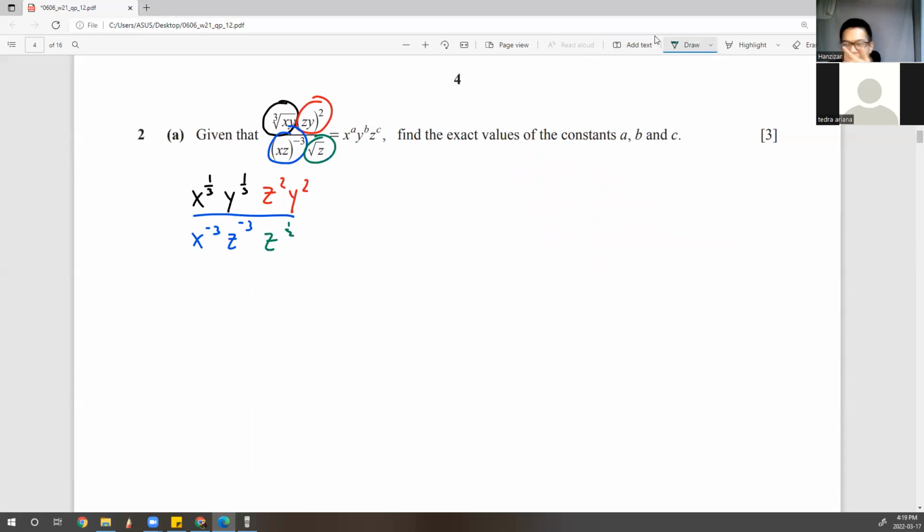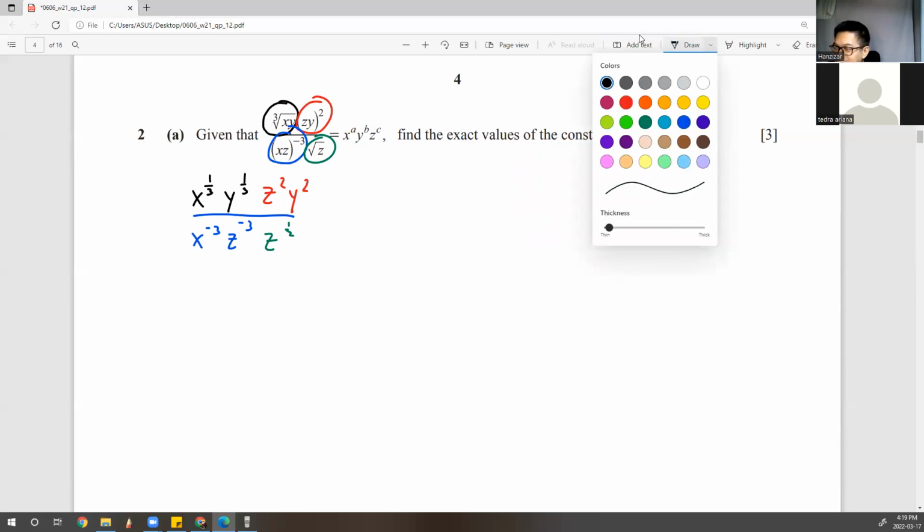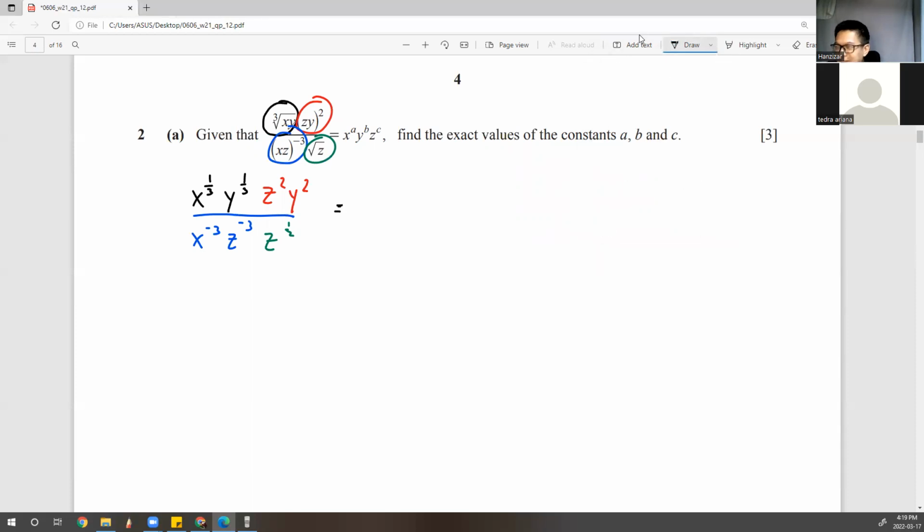I like this part because it's quite simple, and I am expert at this part, not like the previous part. Combine x. If you divide, what do you do? Subtract the power. So x power 1 over 3, subtract negative 3. Do we have the other x? No. So x is done. Circle it, because it has to be in alphabetical order.